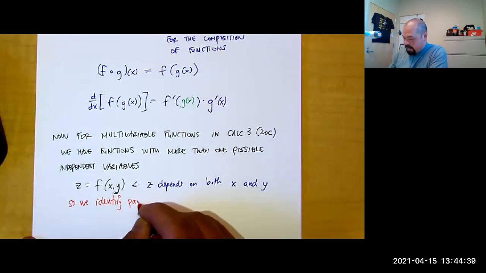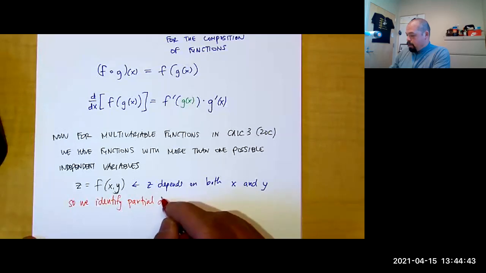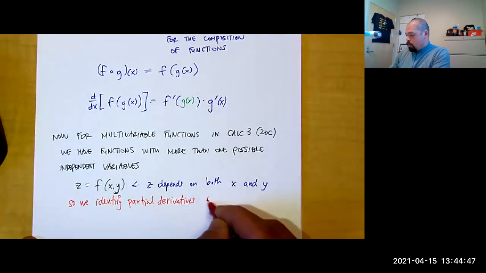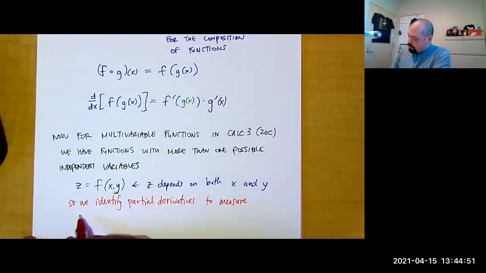our partial derivatives. Now this is what we did in introduction to those partial derivatives before. Identify partial derivatives to measure, to compute, to find the rate of change, right?